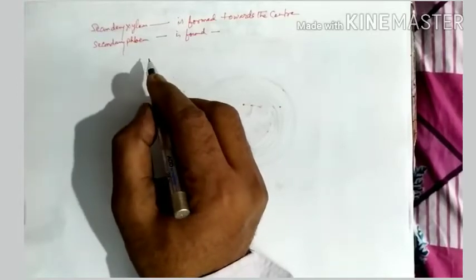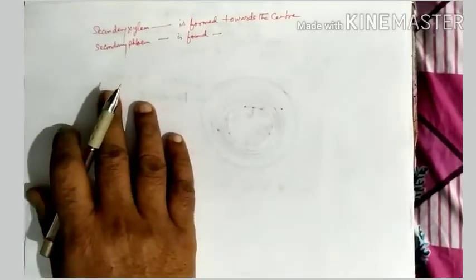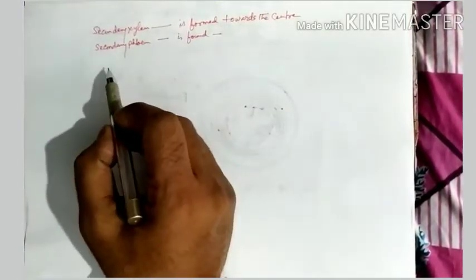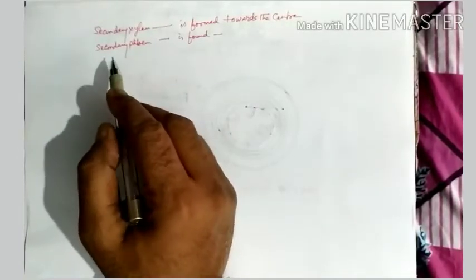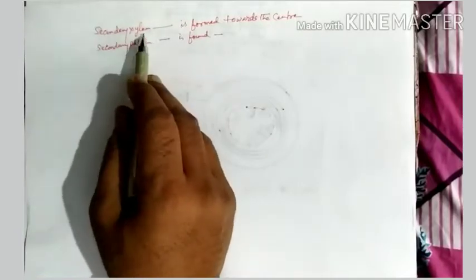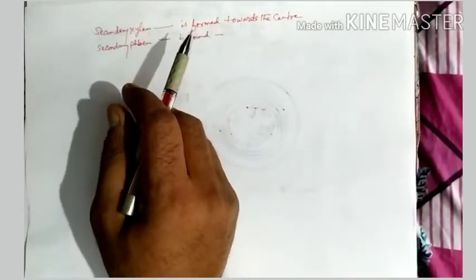As we know, the plant is increasing in its length day by day, and hence it has to be assisted by mechanical strength, and so this secondary xylem gives it the mechanical strength.